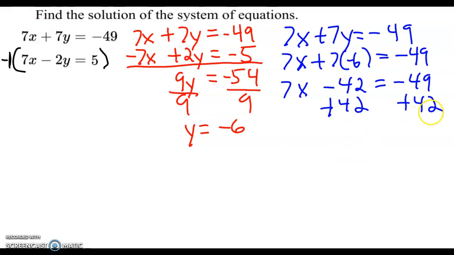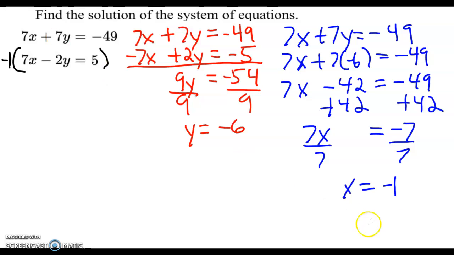We're going to add 42 on both sides. I get 7x is equal to negative 7. You're going to divide by 7, and x is equal to negative 1. Alright, so don't forget to always put the x first, so you put (negative 1, negative 6).